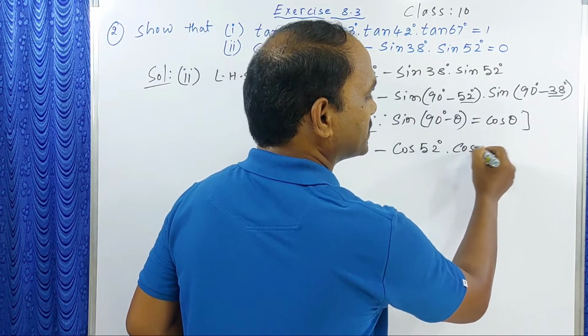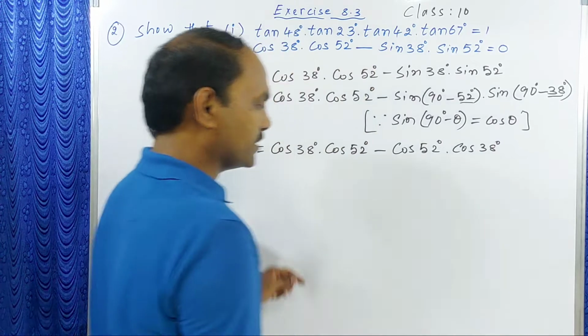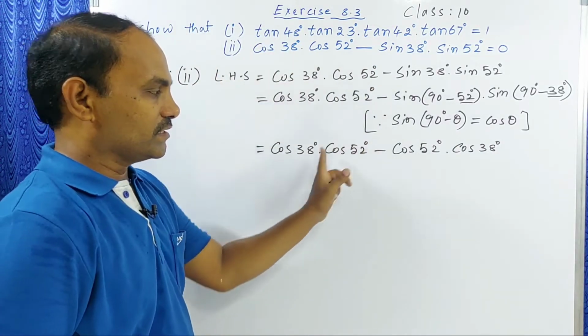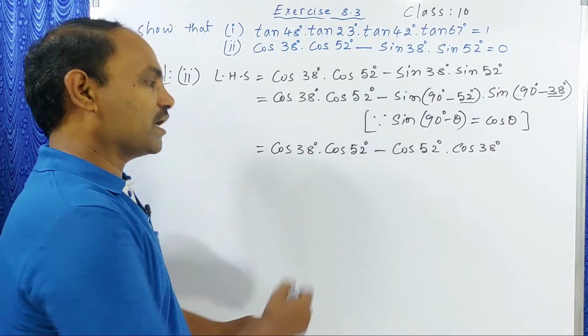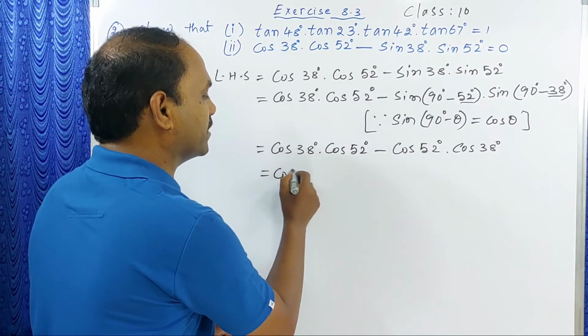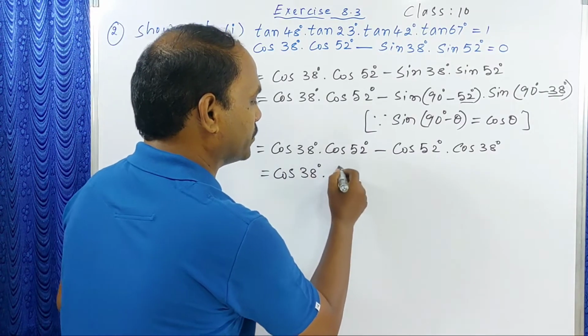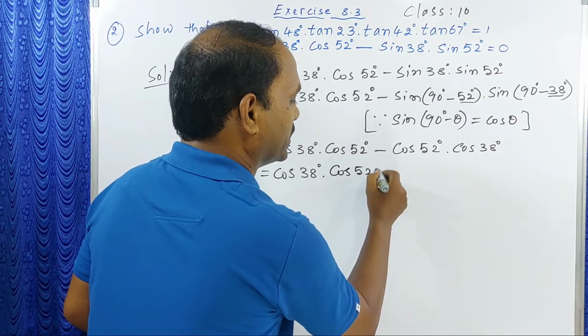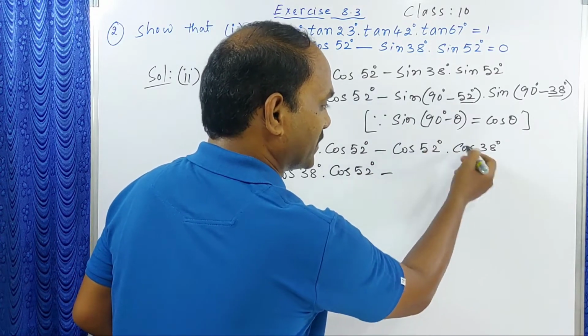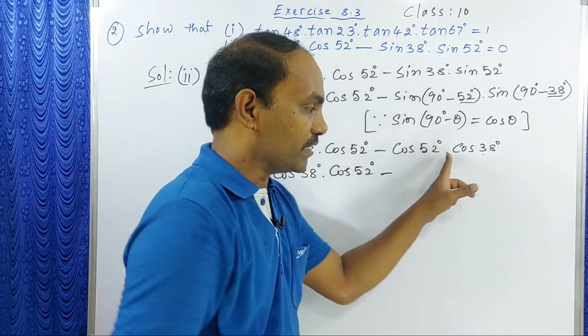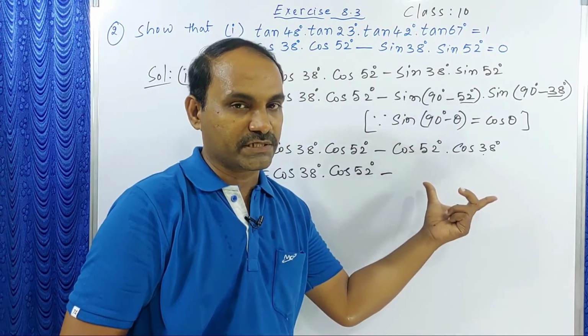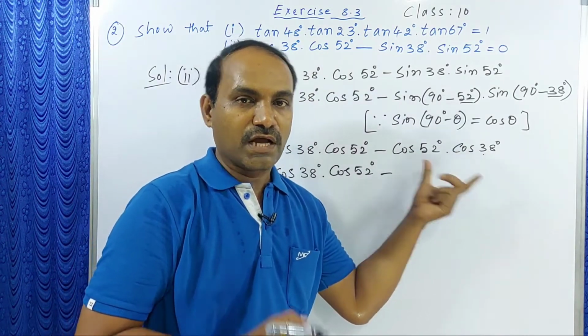So cos 38 degrees. Look, these two values are the same, or write once again in the same order: cos 38 degrees into cos 52 degrees minus, I will write this one here, this one here. Why? Because here is the multiplication, and multiplication is commutative.